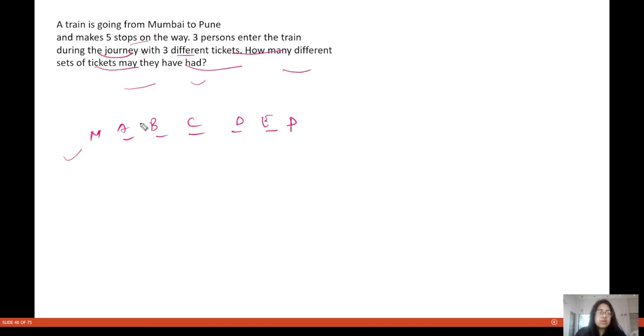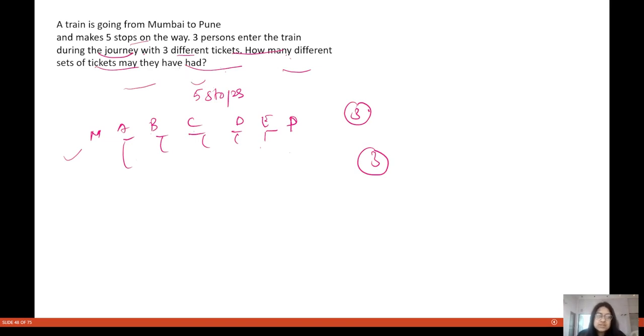So we are going from Mumbai to Pune, right? And we have 1, 2, 3, 4, 5 different stops in the journey. 3 persons enter the train with 3 different tickets, so they are entering from one of these different stations. How many different sets of tickets may they have had?